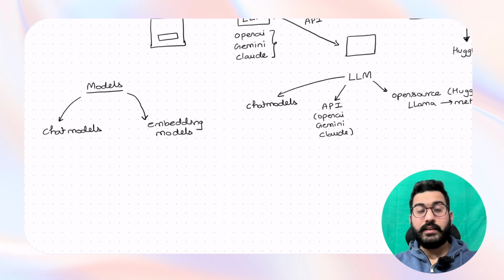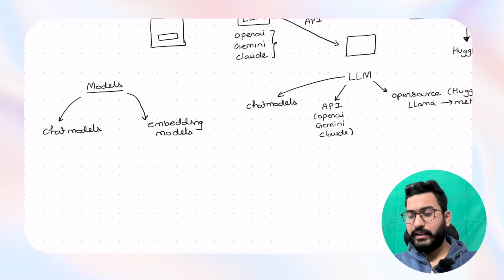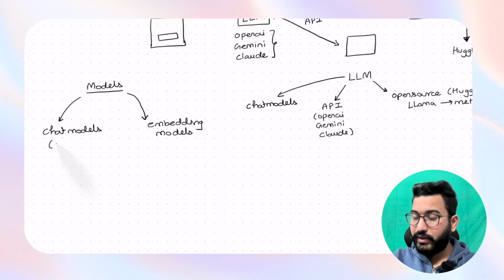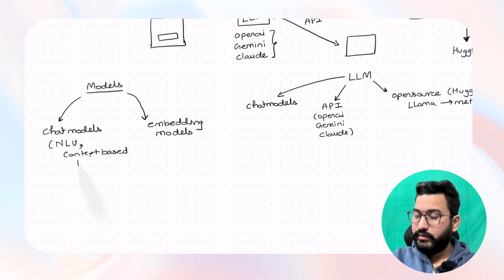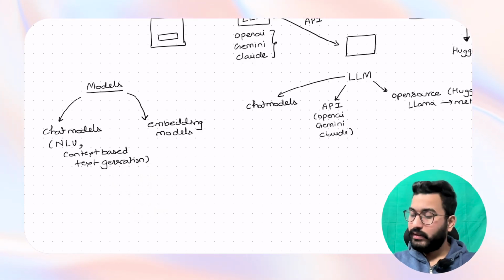Chat models are those models which provide you with the functionality of natural language understanding and text generation. So basically, here you get the power of natural language understanding and context-based text generation.